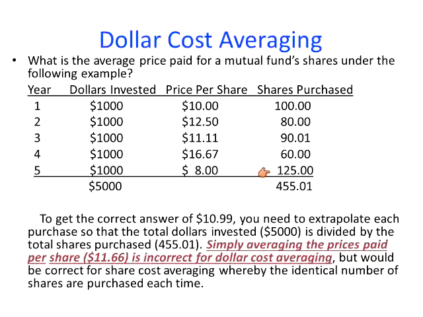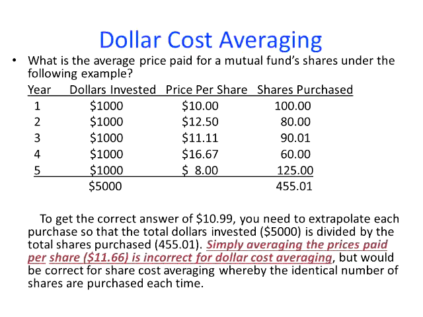So the bottom line is that dollar cost averaging is an unemotional way of investing. You're spending the same dollar amount. It says to get the correct answer of $10.99, you need to extrapolate each purchase so that the total dollar value invested is 5,000 divided by the total shares. All right. So what are they saying here, folks?